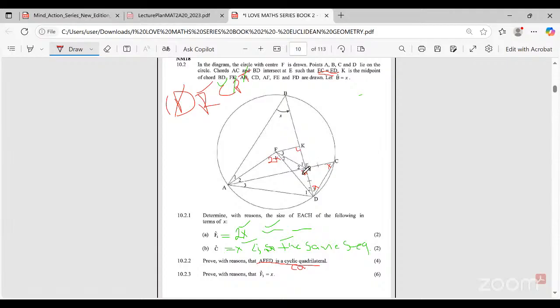We have this 2x here. What can we do? We can get this angle here. Can't we get this angle here? We can, and we can get that one. But how can we use that information?